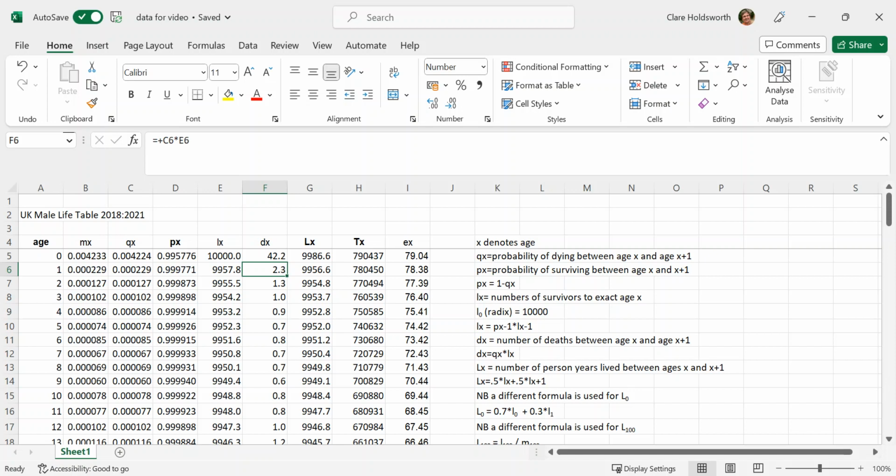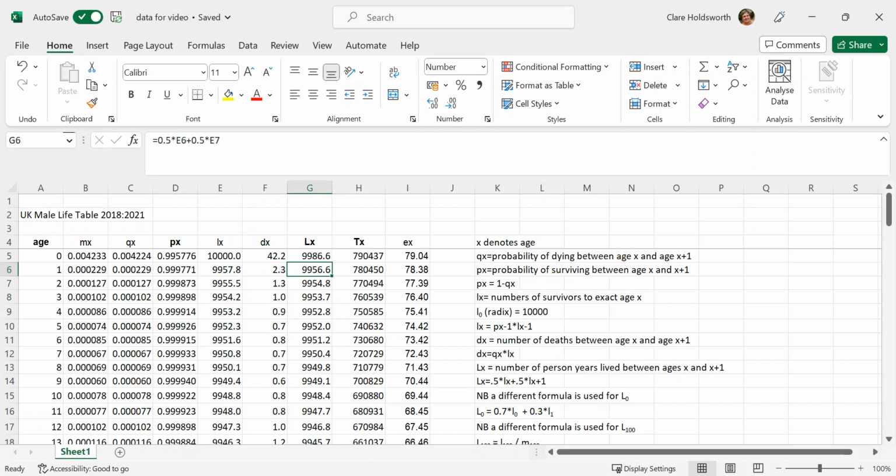So in total, there's only 2.3 deaths that occur between age 1 and age 2, and we assume that they're evenly distributed during the year, so that on average, the people who die during this age live for 1.15 years. So we assume that they contribute half a year each.